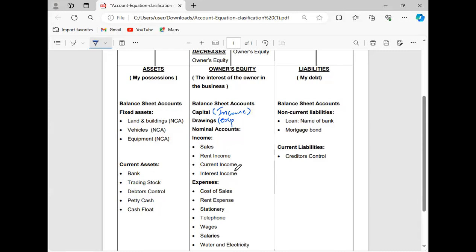Current income known as services rendered, as well as interest income, and many more accounts such as discount received, will increase our owner's equity.